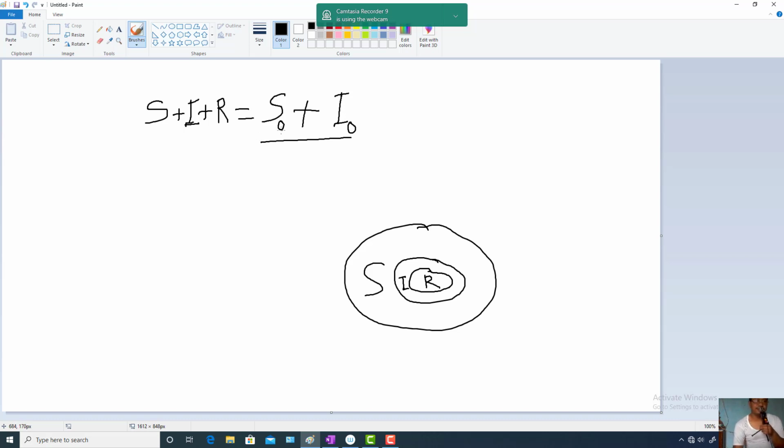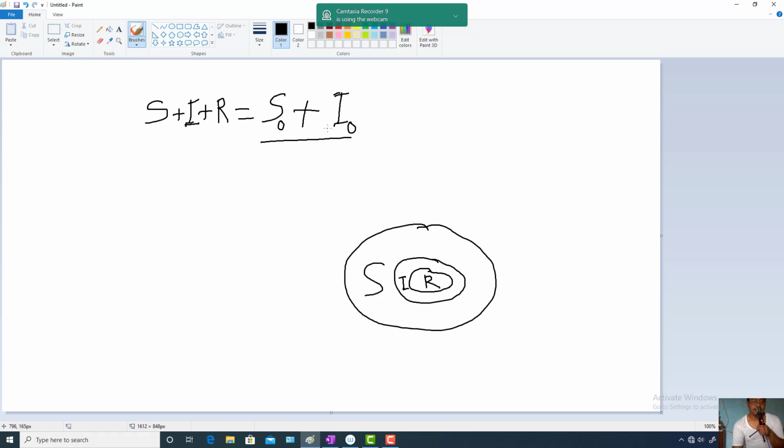Another assumption is that if this many people are infected, then there are two possibilities: either they recover or they die. If they recover, they are not susceptible to the virus again, because they have developed an immune system in their body.